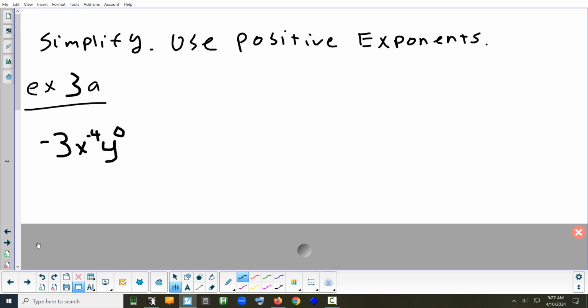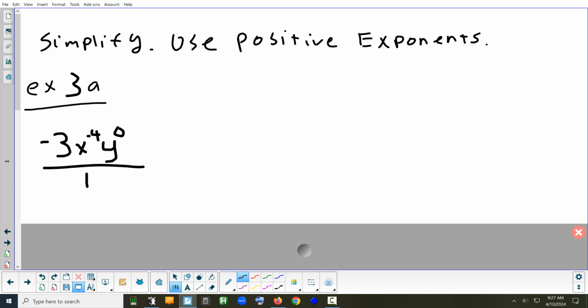No. So we have negative exponents and it's not a fraction. Well, that's a problem. It needs to be a fraction because we have to move some stuff. What can I do to make this a fraction? Put a 1. Yep. Okay, now I got a spot to put some stuff that needs to move.